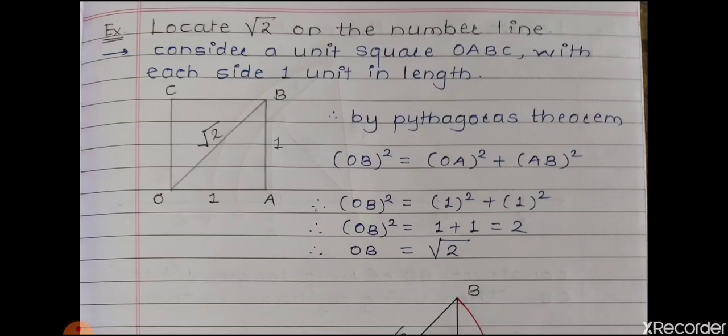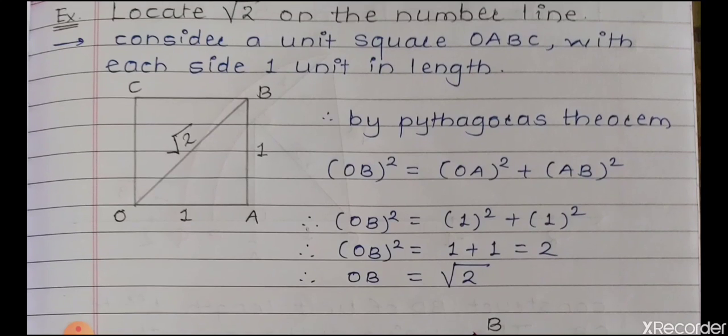So in triangle OAB we use the Pythagoras theorem. The Pythagoras theorem says hypotenuse square is equal to side 1 square plus side 2 square. So here hypotenuse is OB, therefore OB square is equal to OA square plus AB square.